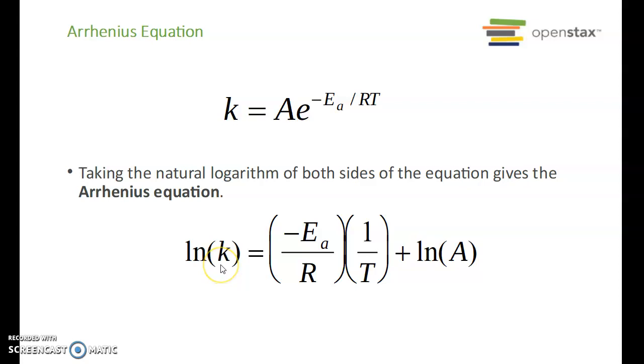This will be your y value. This value right here, your activation energy over R, can be your slope of the line, and this right here would be 1 over T. So plotting 1 over T on the x-axis will give you a straight line.